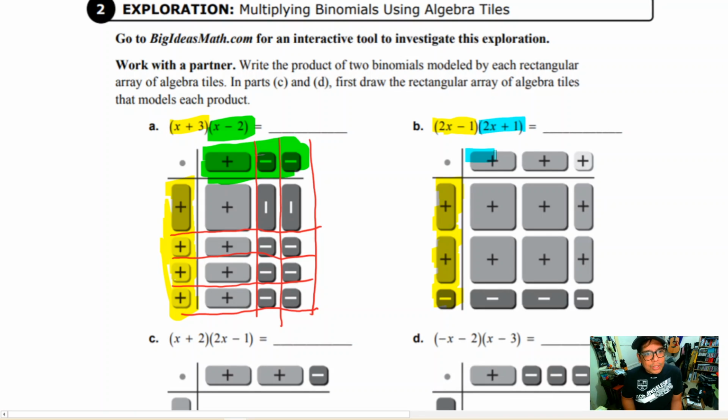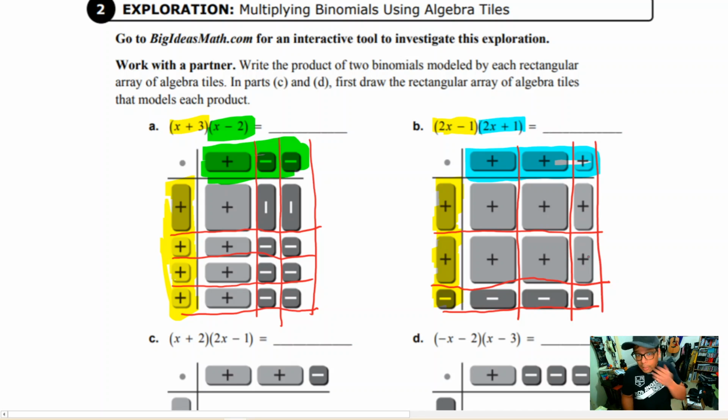That's this one over here. And again, what I want to show you is that if you just put the lines in between, everything turns out to be in the correct shape, which is the way that I normally do this. I just go ahead and draw my lines in between.